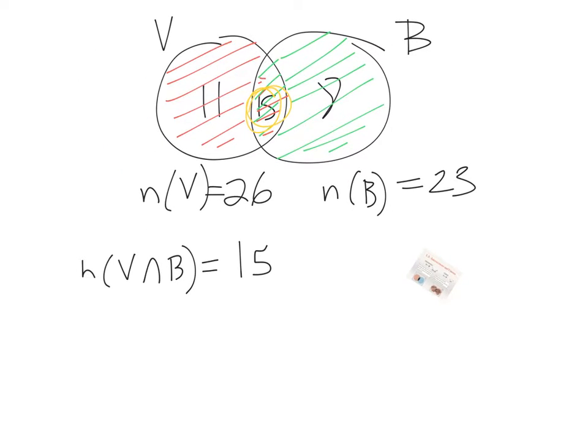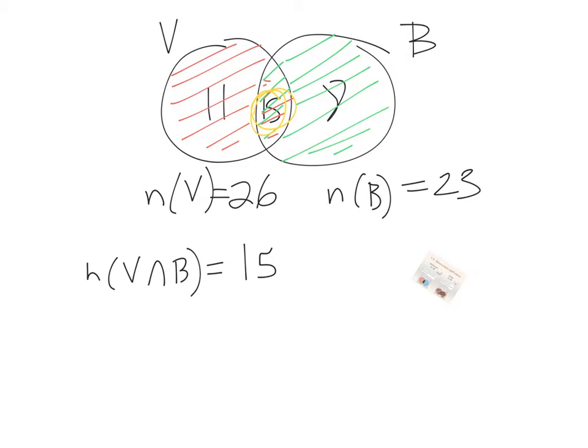Now if we're doing the number of V or B, which is union, how would I write that? What would be volleyball or basketball? How many would be in that?